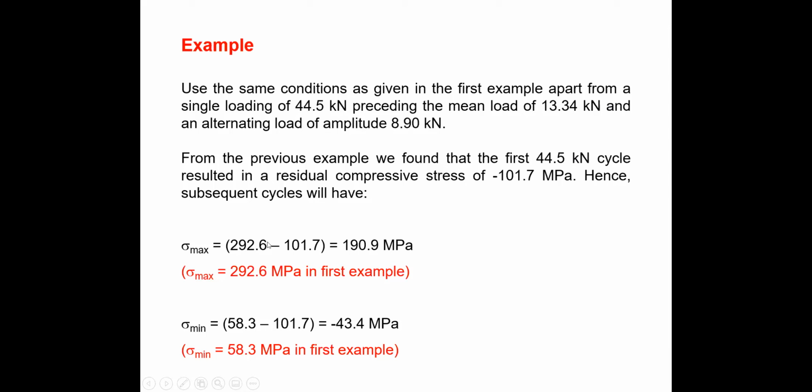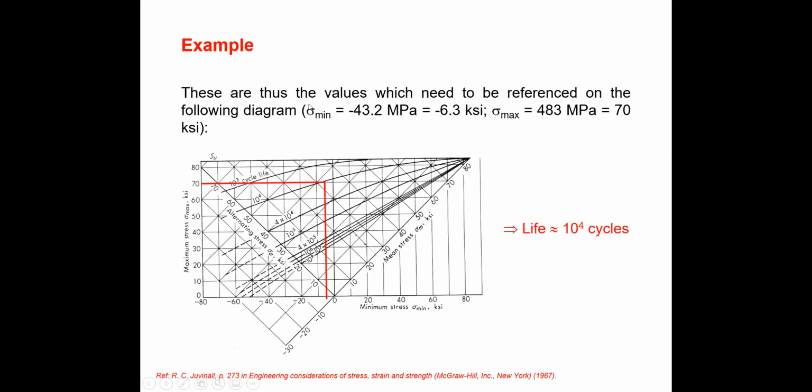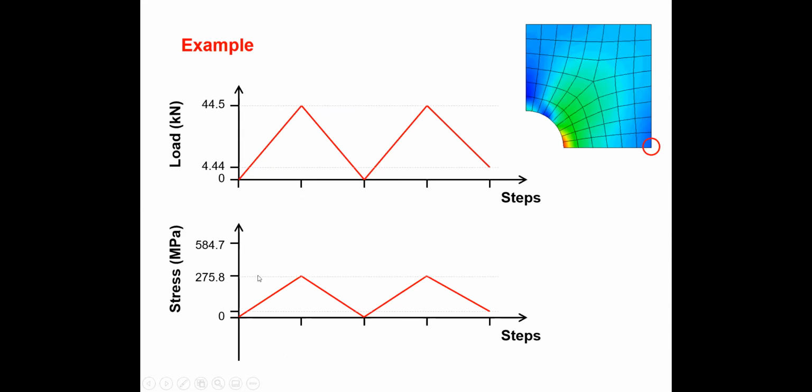So what you need to do, you need to find out the maximum load and minimum load. This is very easy to calculate, because 44.4 means at the 44.4 it has reached the maximum at the stress tracer area, it has reached the yield point.